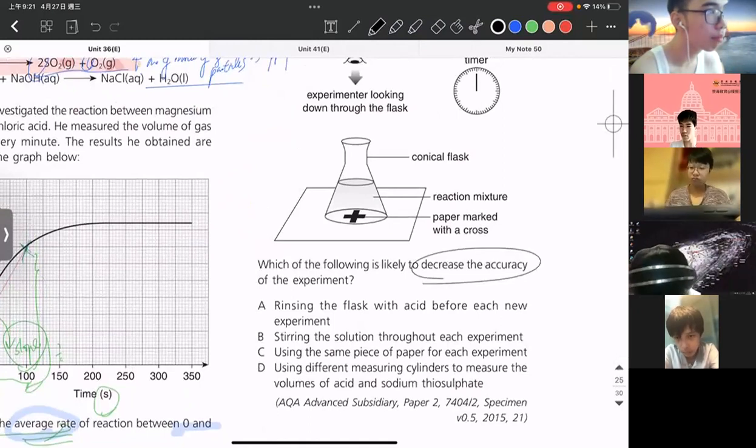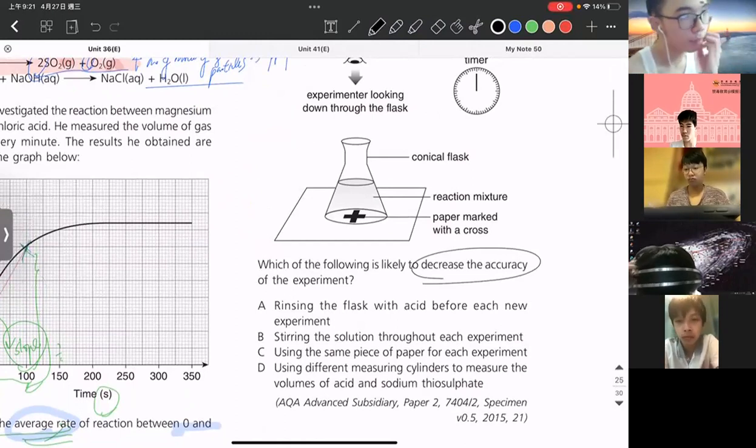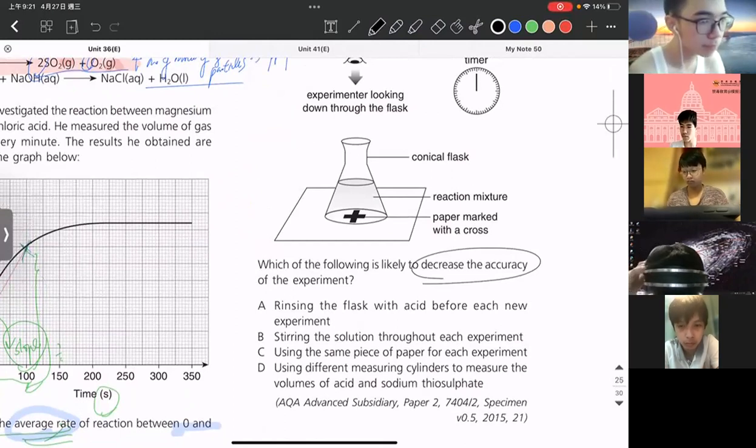So the question is, which of the following is likely to decrease the accuracy of the experiment? So you do something that may affect the accuracy of the experiment. Which one would be a possible choice?